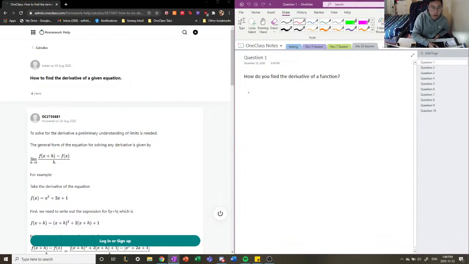So a derivative, we write, if we have a function, let's say f of x, for example, then our derivative is going to be f prime of x. And it is simply the limit as h approaches 0 of this expression here.